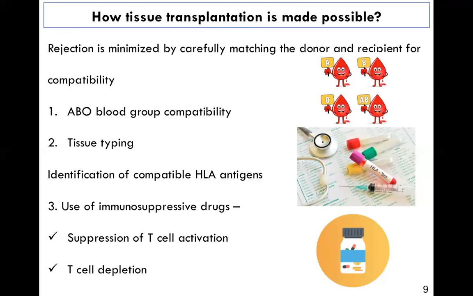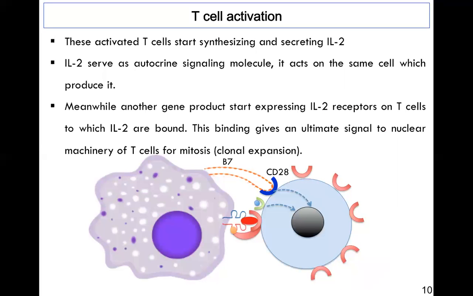In order to understand how immunosuppressive drugs work, flash back to our previous lectures on T cell activation. If you want to understand this whole lecture, you can see our previous lecture about T cell activation.